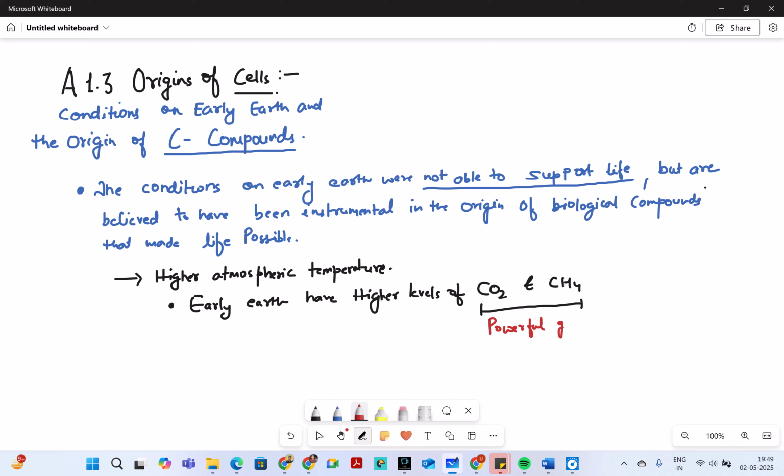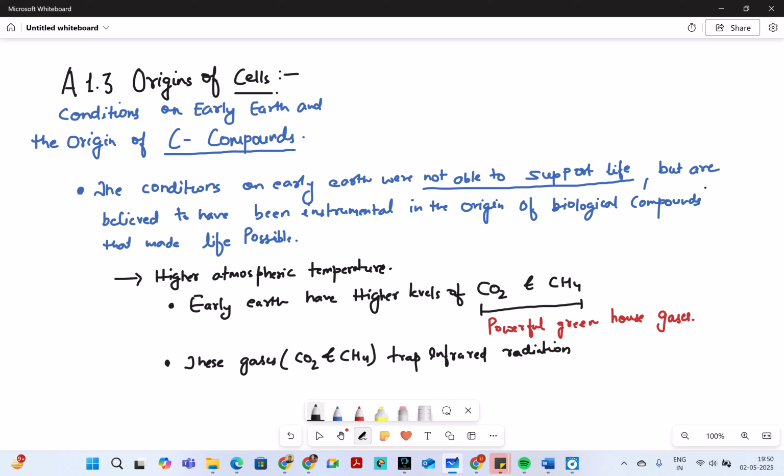So these are powerful greenhouse gases, which means they trapped infrared radiation. The second point is that these gases, CO2 and CH4, trapped infrared radiations.